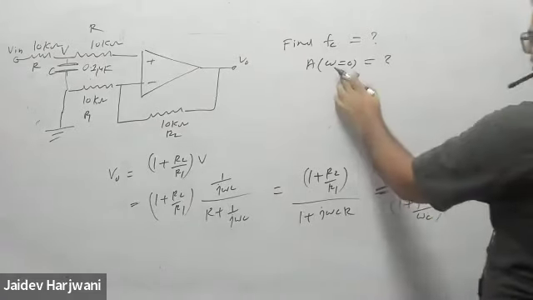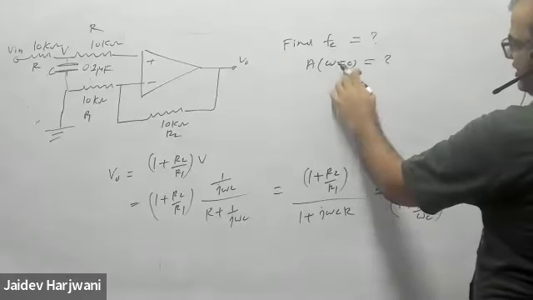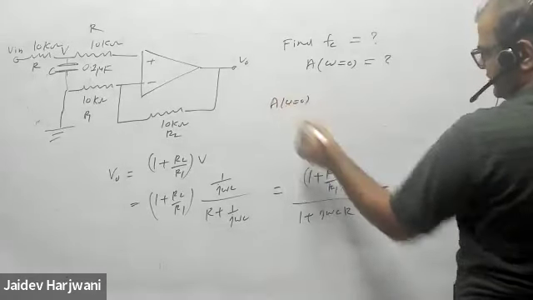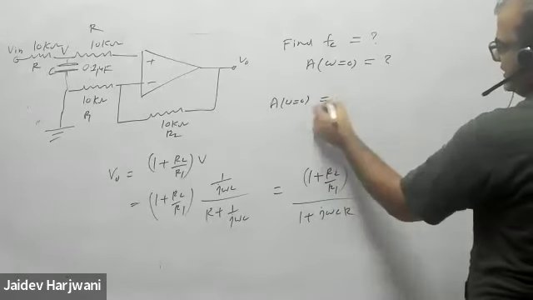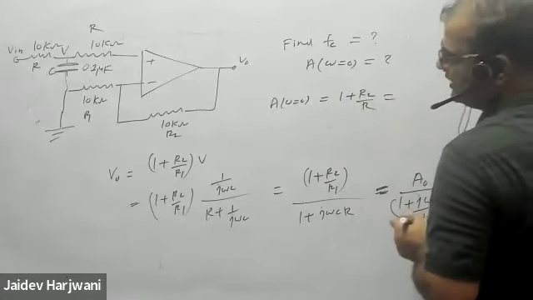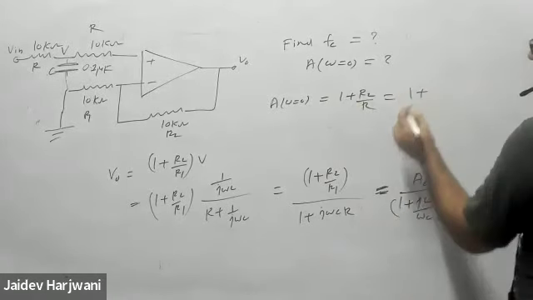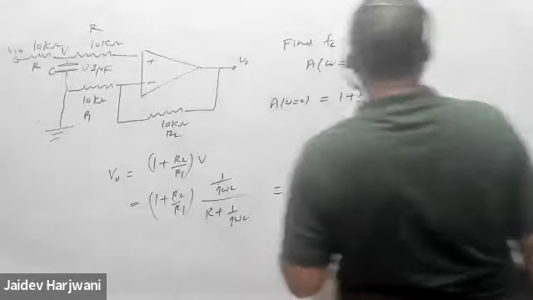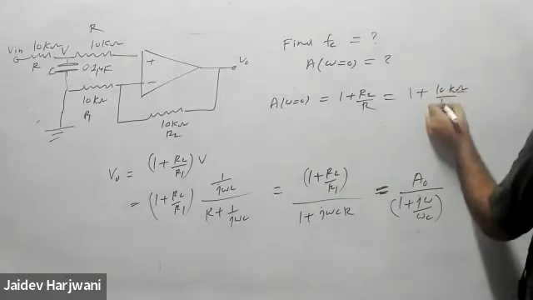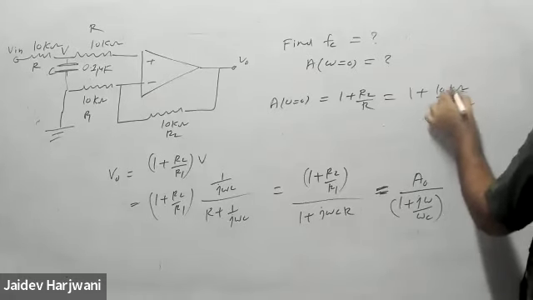Now he's asking what is W0. So A at W0 will be equal to 1 plus R2 by R. Now what is R2 by R? 1 plus 10 kilo ohm, 10 kilo ohm cancels out.